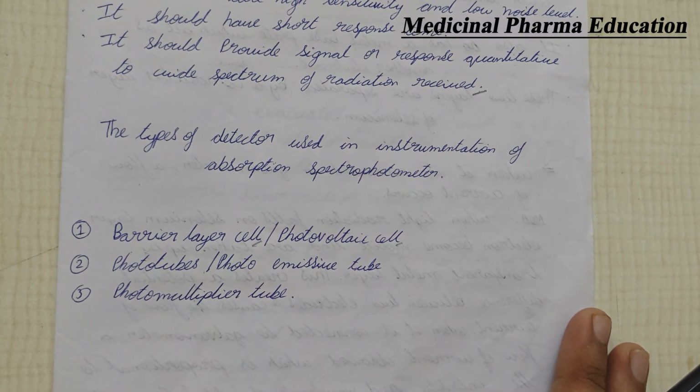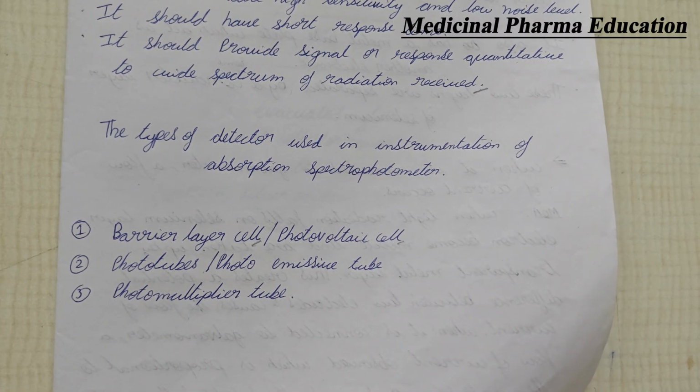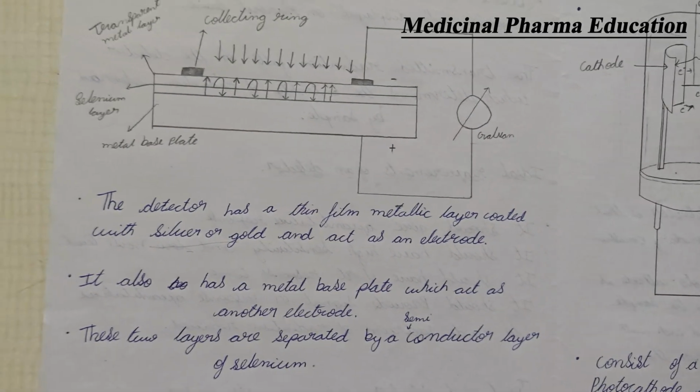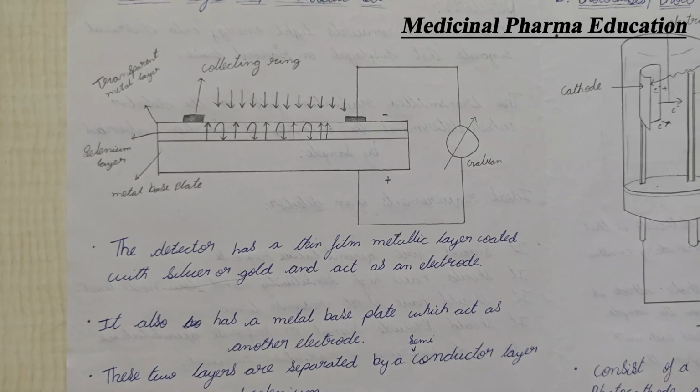Next, there are types of detectors used in UV visible spectroscopy. Next, barrier layer cell.